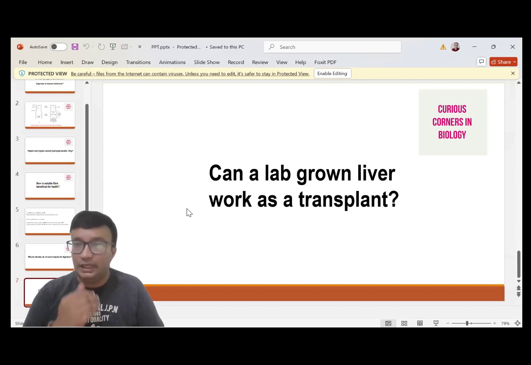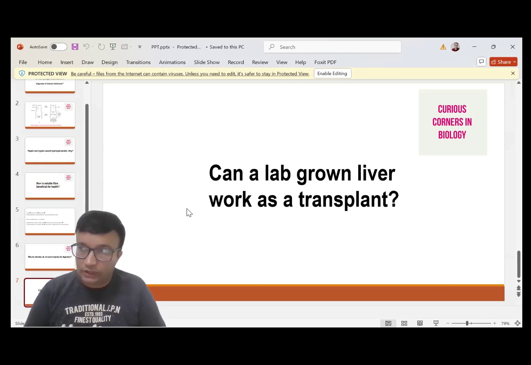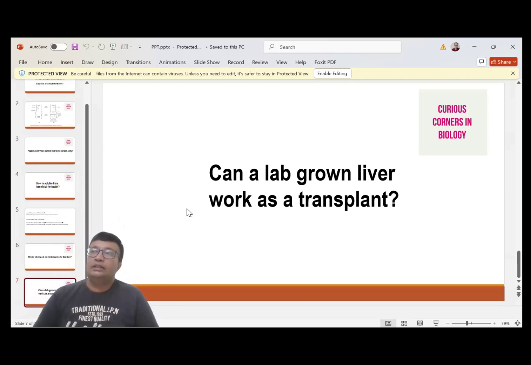That is full specialization, full shape. Okay. But can we grow liver in lab? The answer is yes. This was done in University of Pittsburgh, and scientists so far have managed to grow mini livers, and mini livers are called as organoids.